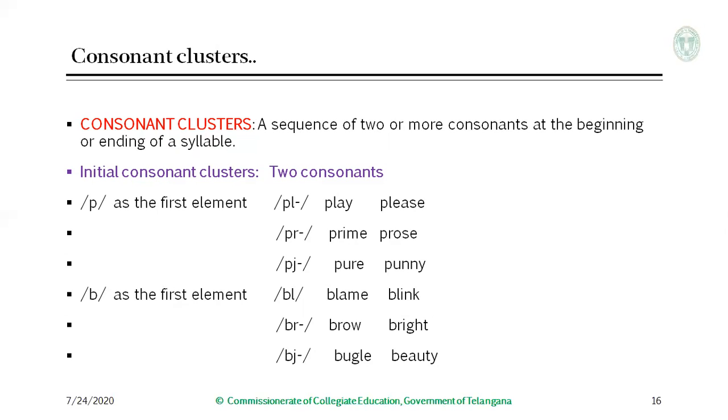Initial consonant clusters. Let's look at the initial consonant clusters with 2 consonants. For example, P as the first element. Play, PL. The consonants pa, la are taken together as one cluster.